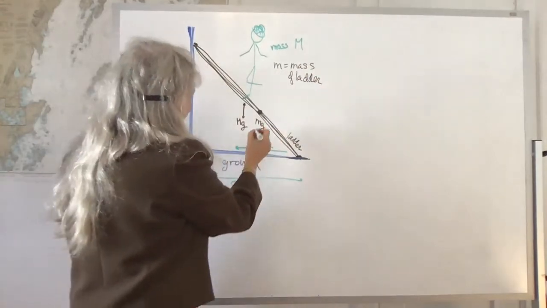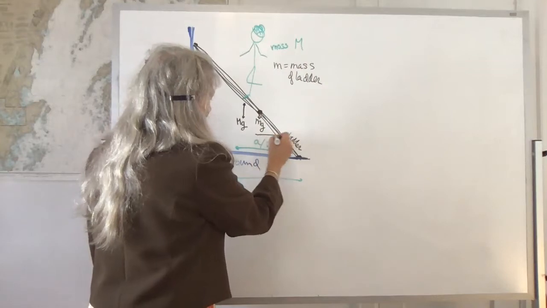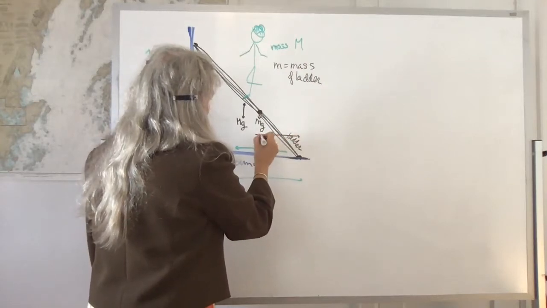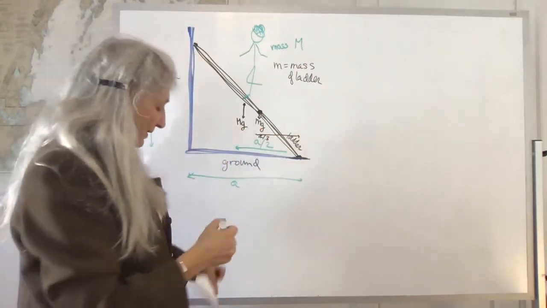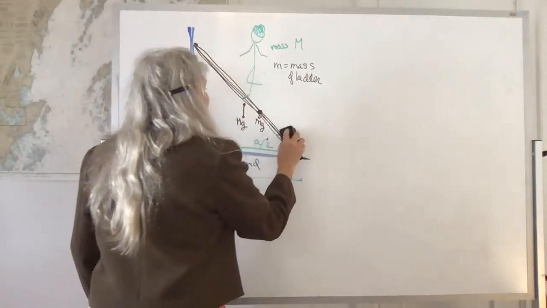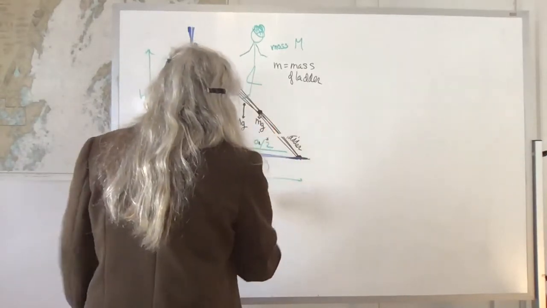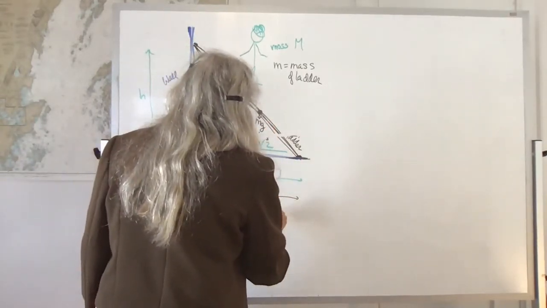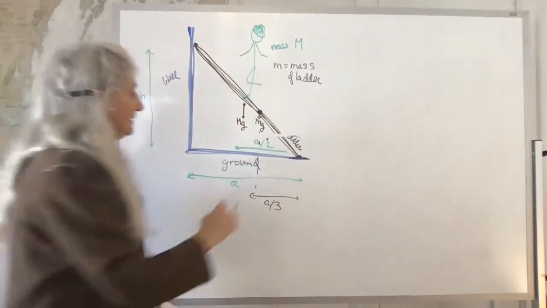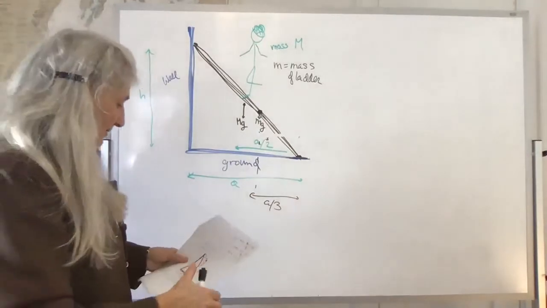And we're going to assume that the center mass of the ladder is A over 3 away from the end of the ladder. Let's draw that a little bit more carefully. Let's take it down here. This is A over 3, like that. Okay, so now that's good.